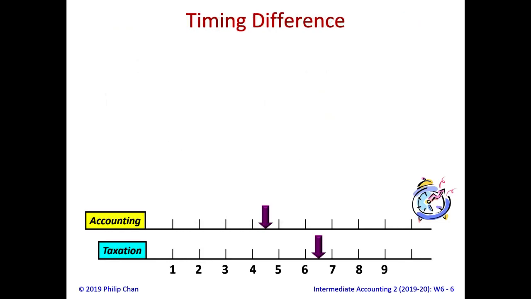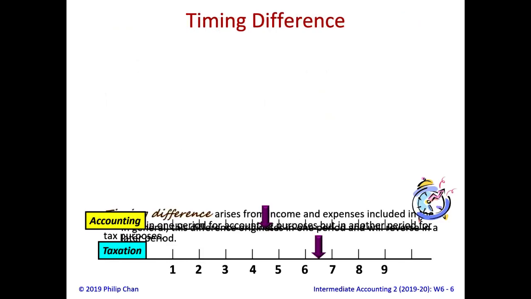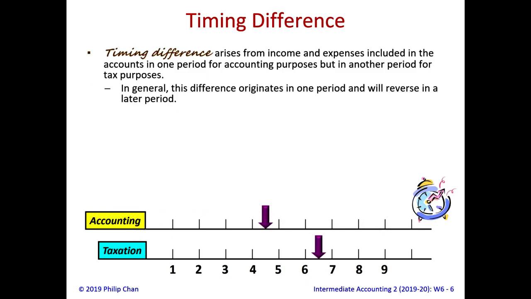So let's begin with timing differences. Timing differences arise from income and expenses included in the financial statements in one period for accounting purposes, but in another period for tax purposes.